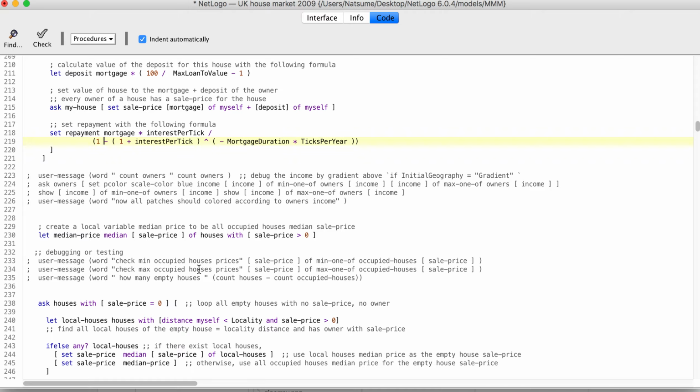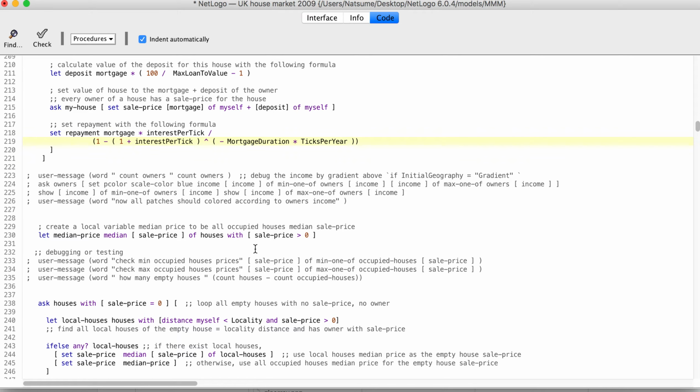And if we do not know the local houses, if there are no local houses with a sale price, then we just have to consider further away houses, maybe just all the occupied houses, their sale prices, and take a median price. So if that happens, we probably need to ask all houses.